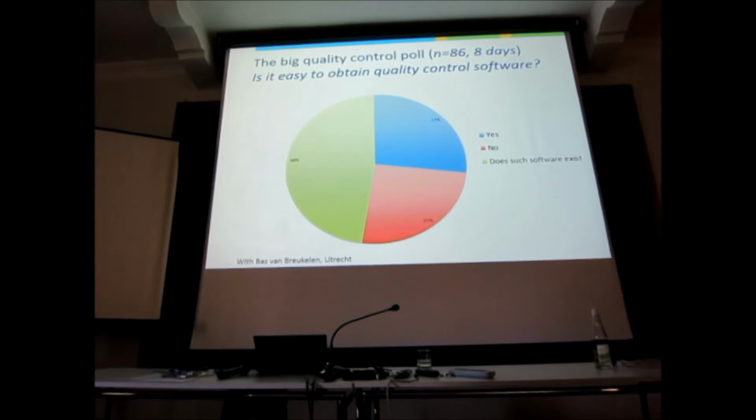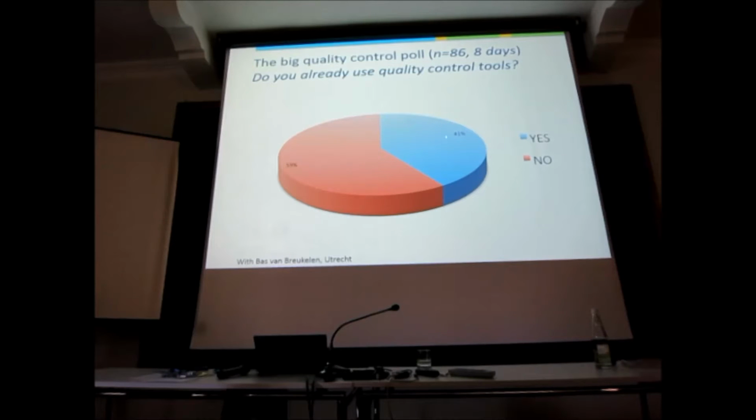Oops. Now, interestingly, 48% say, does such software exist? But 41% say that, yes, we do quality control. So how does that rhyme, right? That doesn't, but of course you can do quality control without software, which is what a lot of people do.